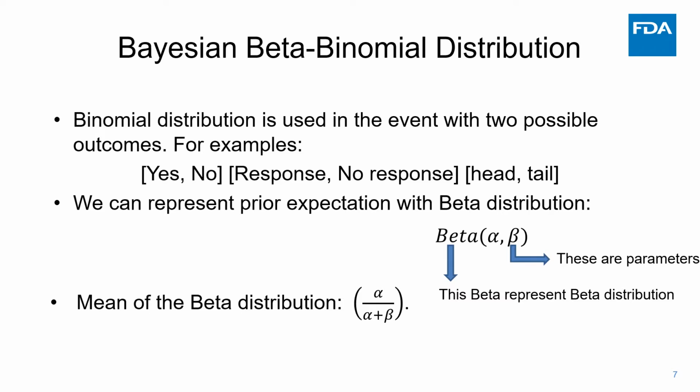We can represent prior expectation with a beta distribution, whose parameters are alpha and beta. The mean of the beta distribution is alpha divided by alpha plus beta.